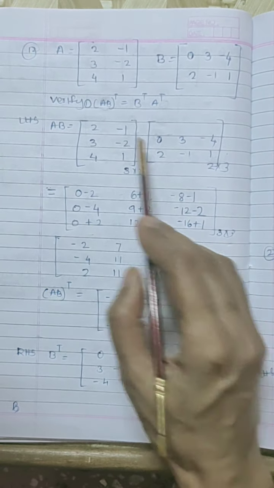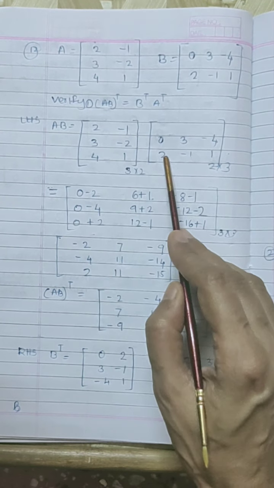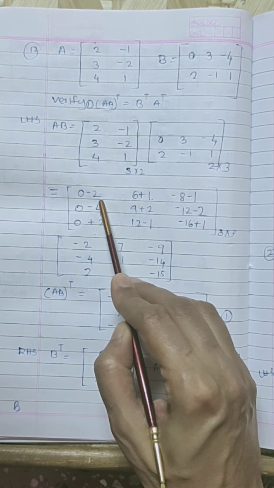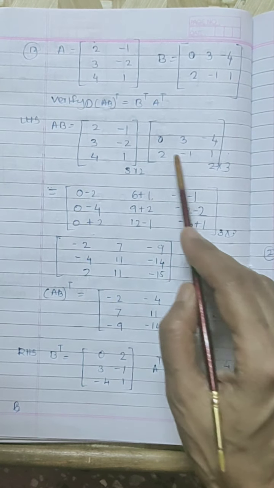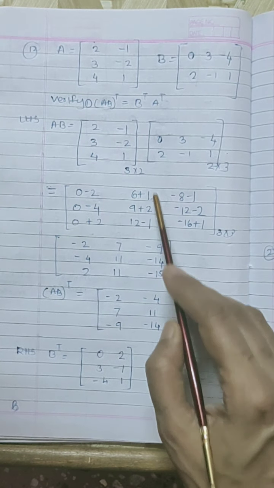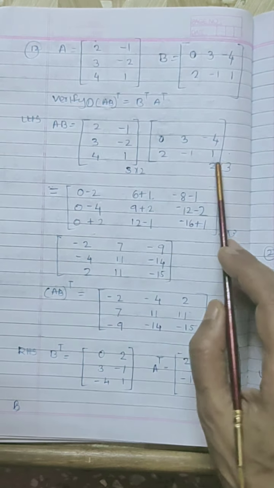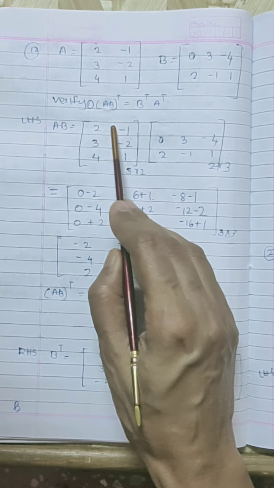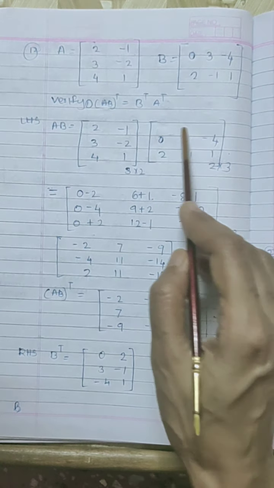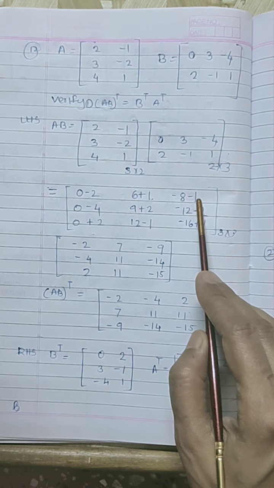Row into column. So 2 into 0 is 0, minus 1 into 2 is minus 2. 2 into 3 is 6, minus 1 into minus 1 is plus 1. 2 into minus 4 is minus 8, minus 1 into 1 is minus 1. Now our first row's multiplication with all the columns is completed and we have written it in the first row.